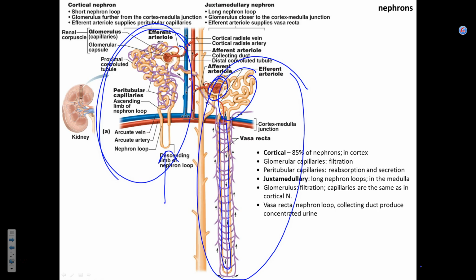So they have two very distinct functions. Cortical nephrons, here, will be responsible for typical kidney things. There will be filtration in the glomerulus, okay? Reabsorption in the proximal convoluted tube, okay?